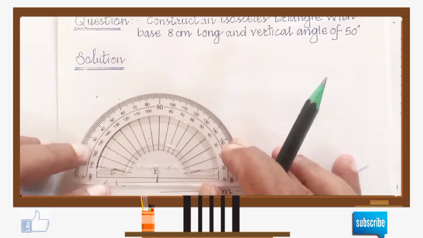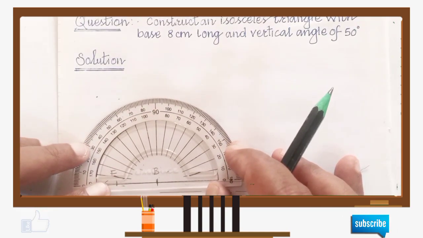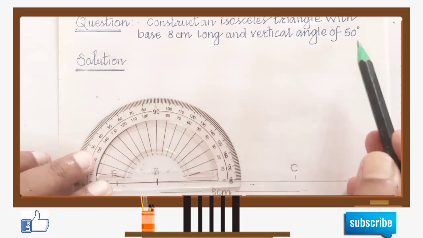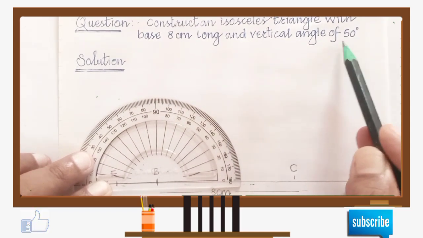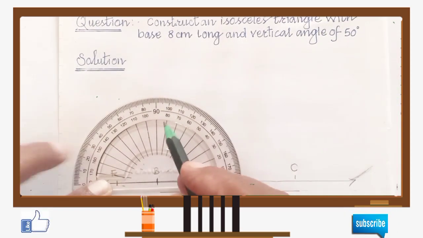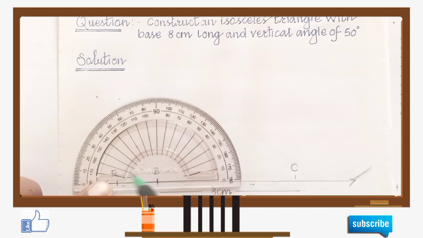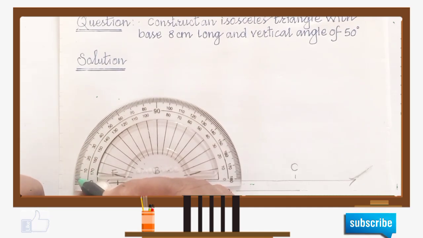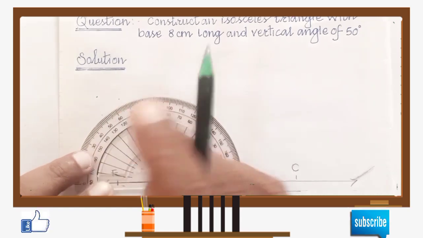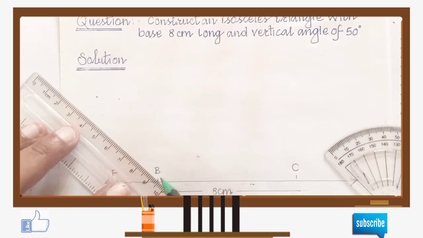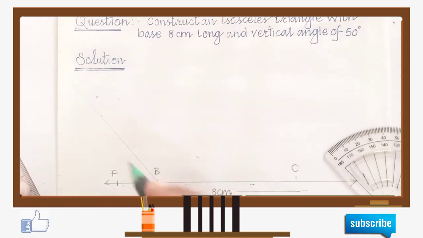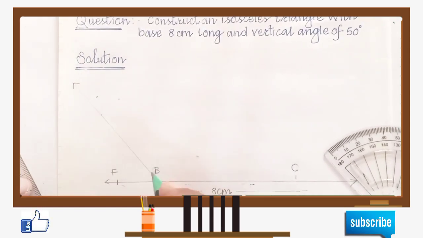You take a protractor and keep this protractor in this way and draw an angle of 50 degree. यहाँ कितना निकालना है आपको? 50 degree का एंगल निकालना है. Now you draw 50 degree angle. 10, 20, 30, 40, 50. This is the 50 degree angle. Draw this. This is a 50 degree angle.